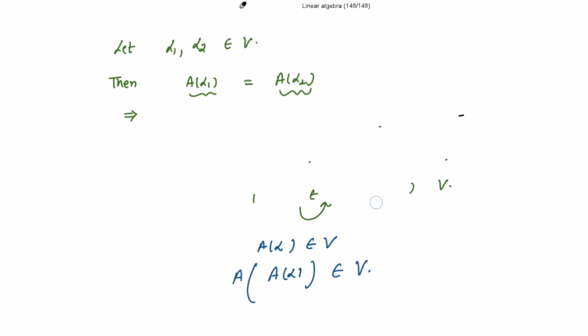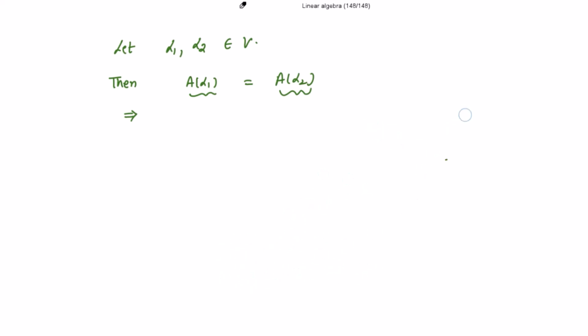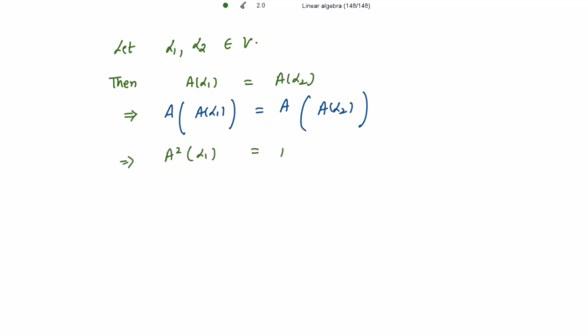If I have A alpha 1 equal to A alpha 2, which means these two also belong to V, so let me apply one more time the transformation A on this. This implies A square alpha 1 is equal to A square alpha 2.